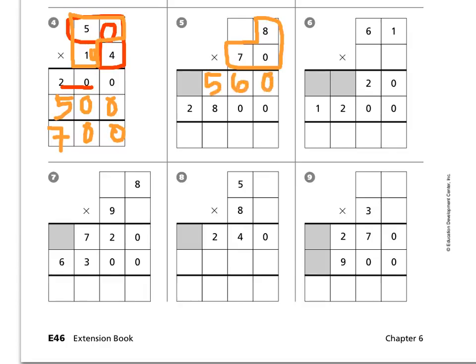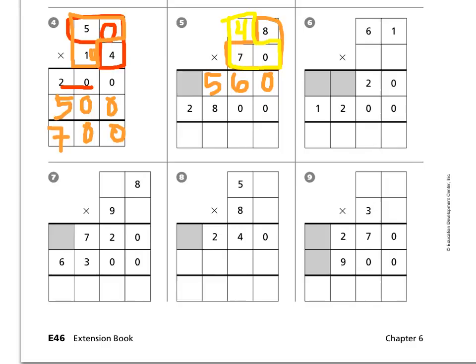Now I need to think about what times 70 will get me 2,800. And I know that 4 times 7 is 28, and since it's in the 10 spot, this is 40 times 70, which is 2,800.